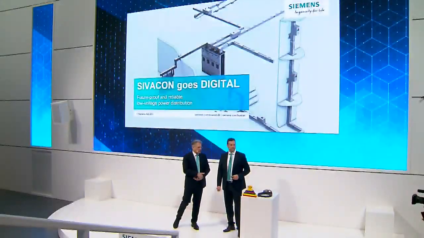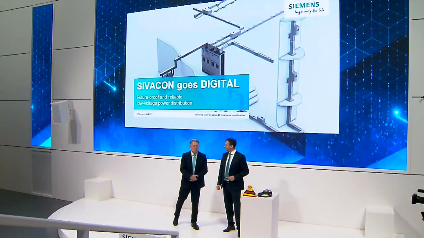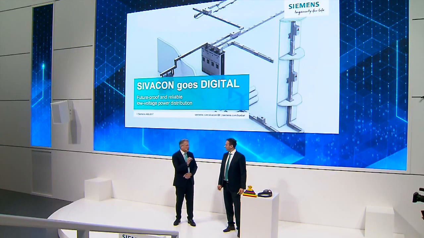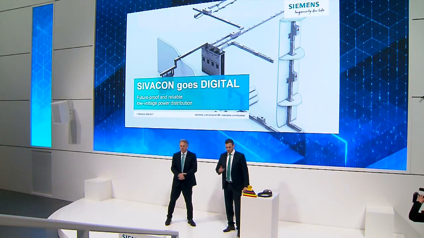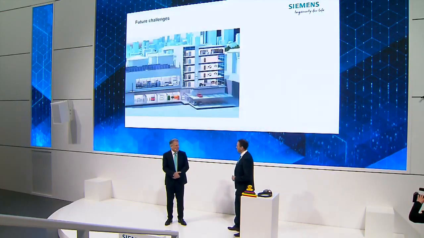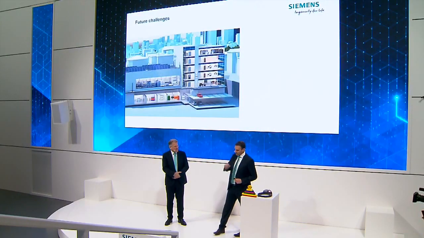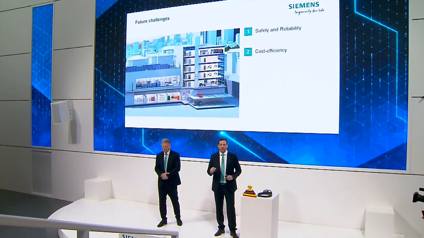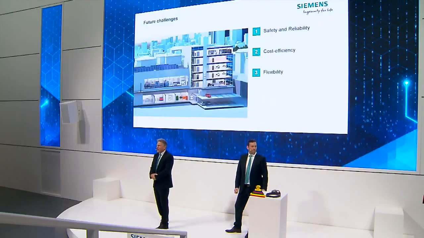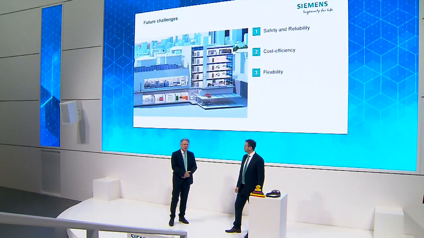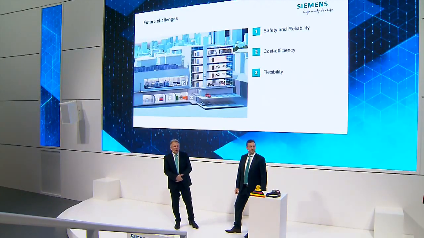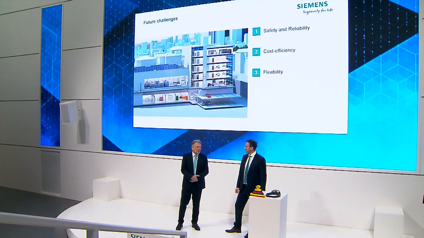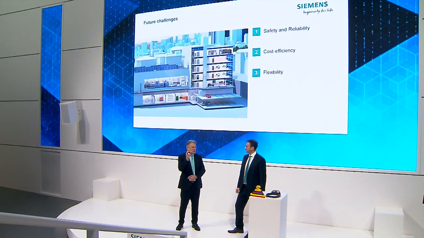Pierre, at first, what do you think are the most important issues in a modern low-voltage power distribution? Well, for me, it's safety, reliability, and cost efficiency. But isn't that already standard? In our fast-moving age, flexibility becomes more and more important, and this can only be achieved by a consistent, competitive, and fast planning procedure.